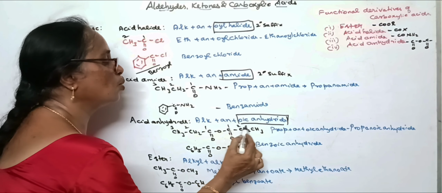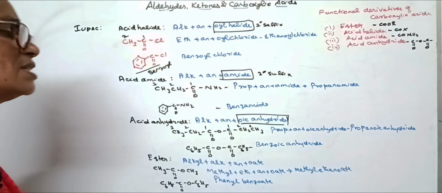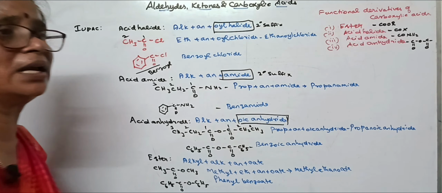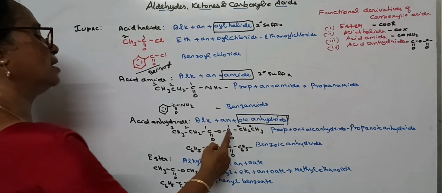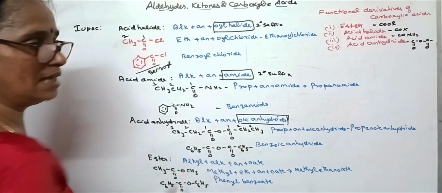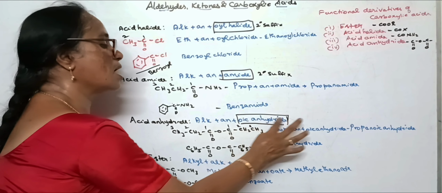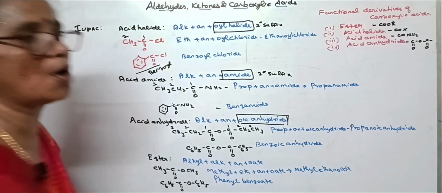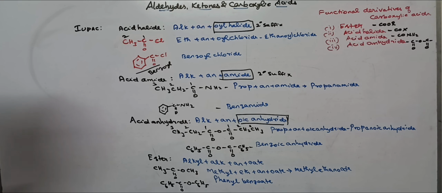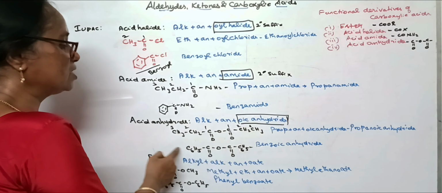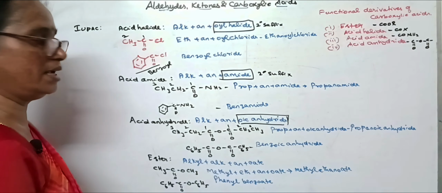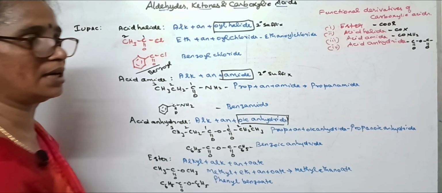This side also 1, 2, 3. So mostly the same alkyl part will be there. So it is propanoic anhydride, propane plus oic anhydride. And for this benzoic group, this is also benzoic, so the name is benzoic anhydride.